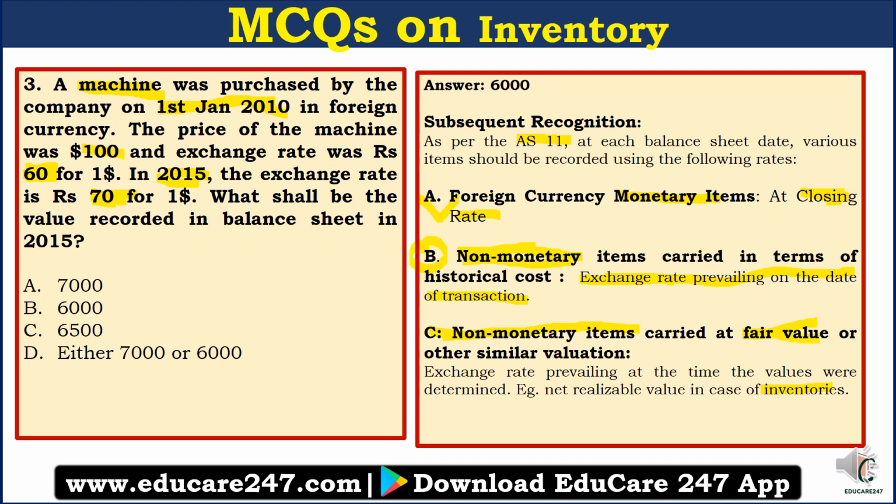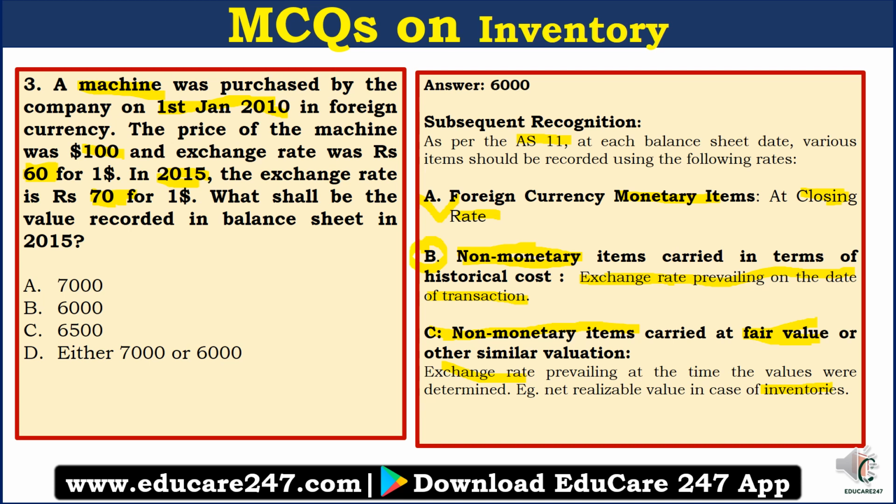So for those non-monetary items that are carried at fair value, the exchange rate would be the rate prevailing at the time the values were determined. For example, if I determine net realizable value on 31st March, my exchange rate would be the exchange rate of 31st March. So I hope you've understood how we come to the answer.